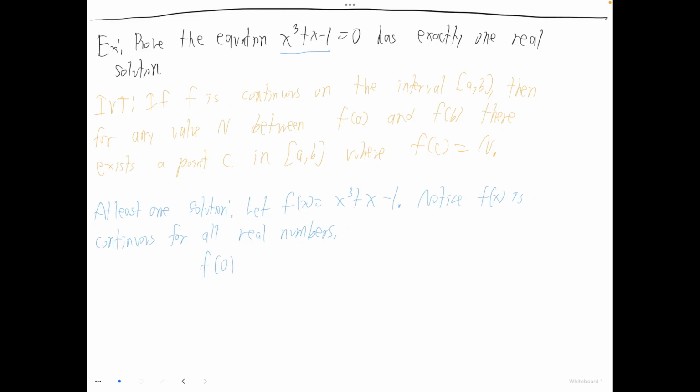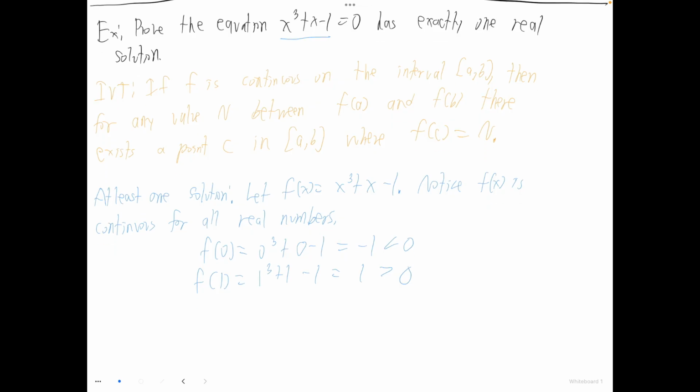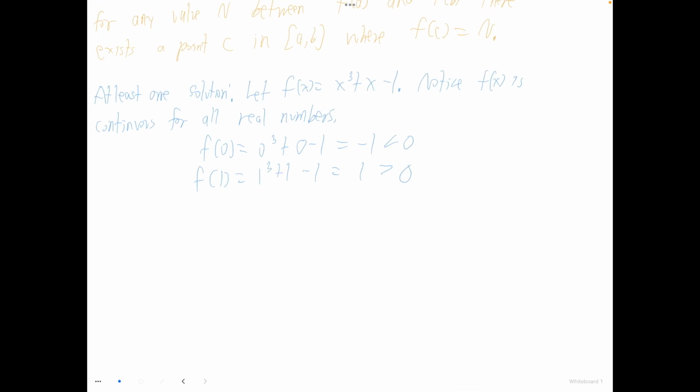And so notice f of 0, if I plug 0 in, I get 0 cubed plus 0 minus 1. So I get negative 1, which is less than 0. If I plug in 1, I get 1 cubed plus 1 minus 1, which is 1. And that's greater than 0. So I'm less than 0 at the x value of 0 and greater than 0 at the x value of 1.